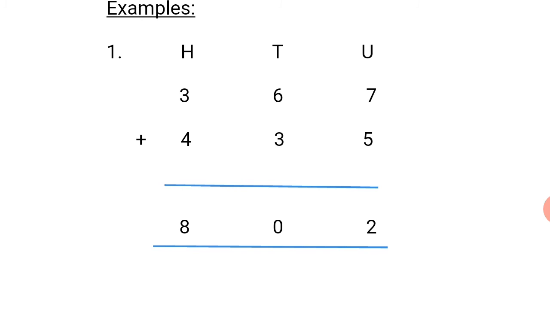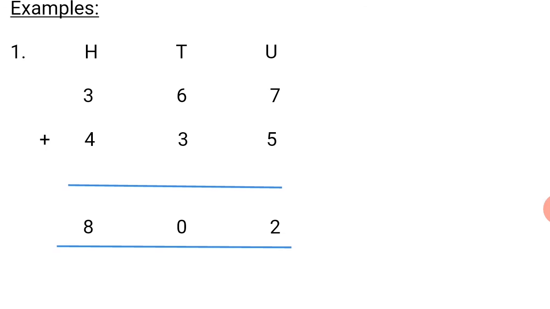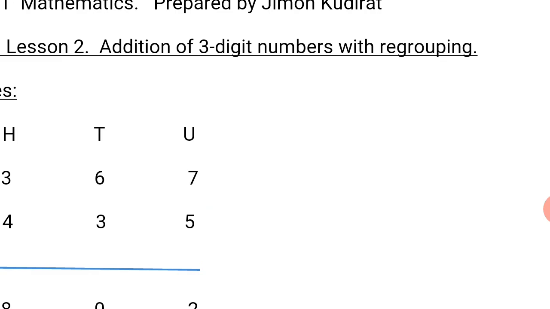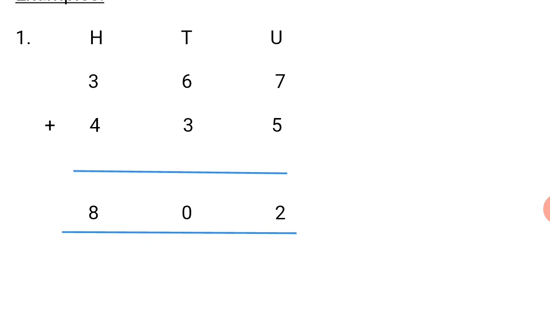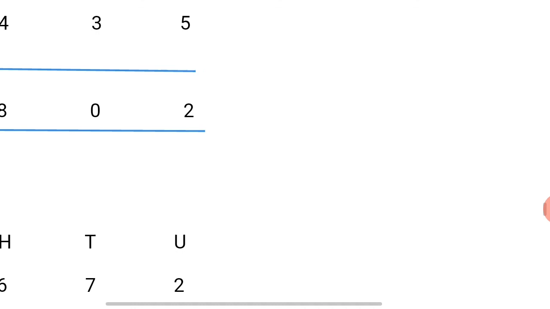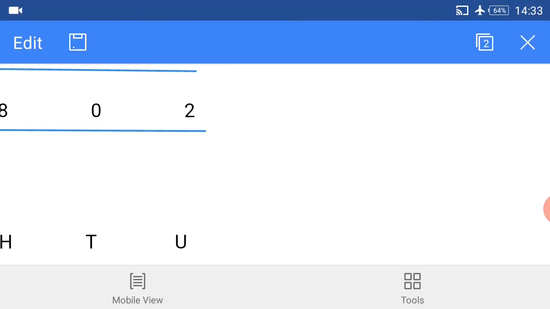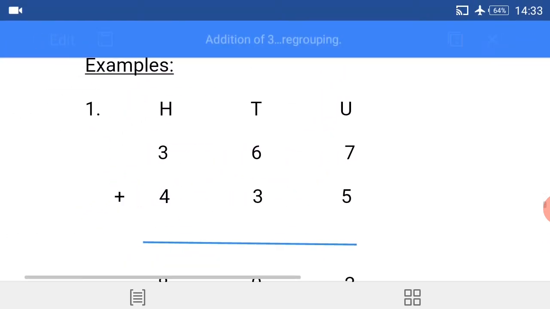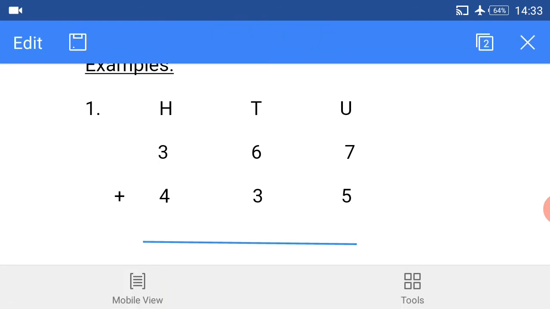Whenever you add and you get a 2-digit number, you will know that what you are given is with regrouping, not without regrouping. So you are to write a figure and keep the second figure. You are to write the figure on the right hand side and keep the one on the left hand side on the figure that is written next to what you are solving.